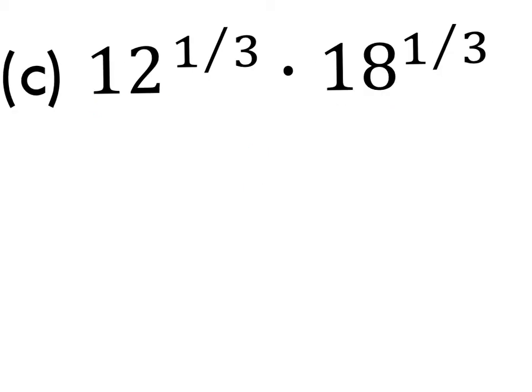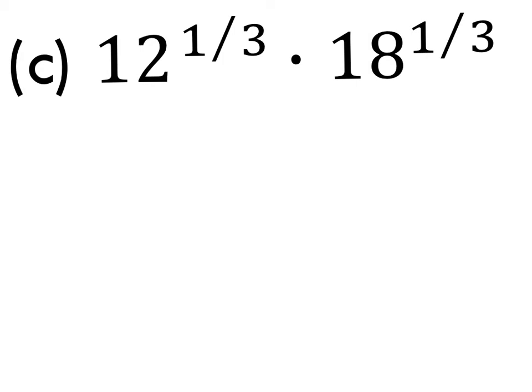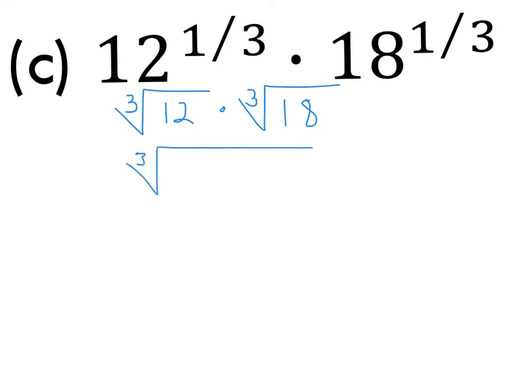For the third example, note that we can say the cube root of 12 times the cube root of 18. And now we're going to write it as one giant cube root. Do a factor tree.